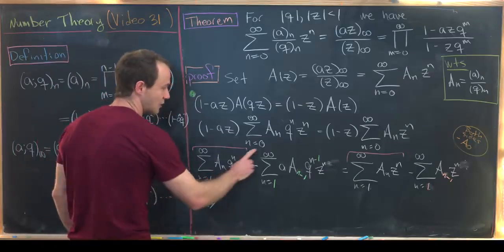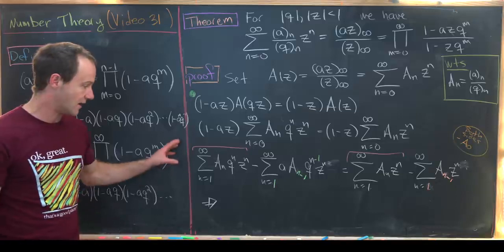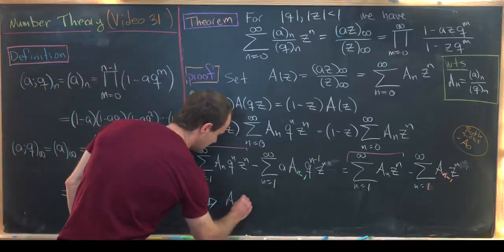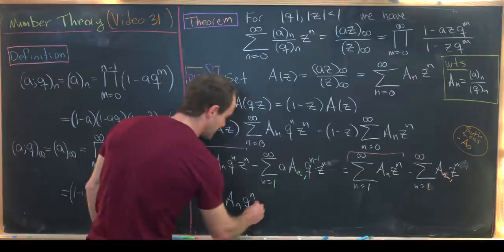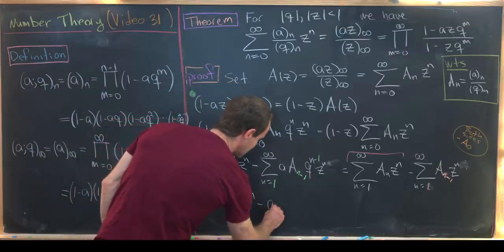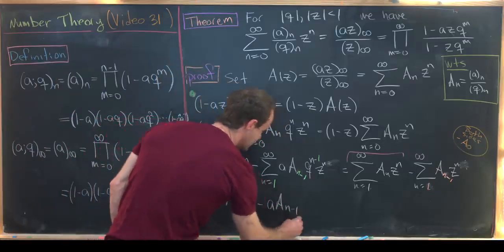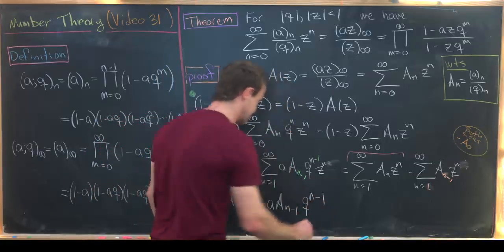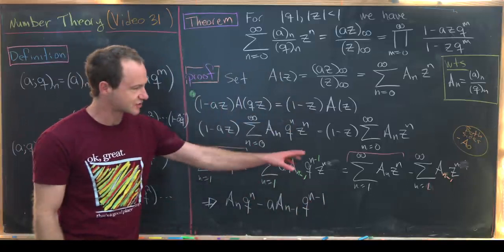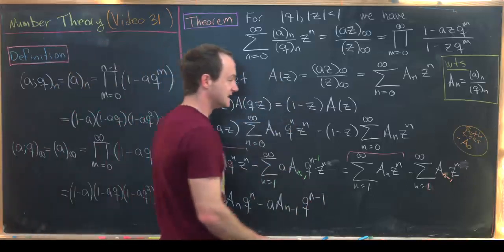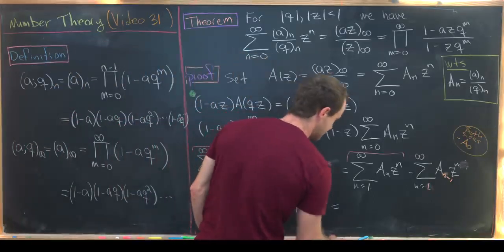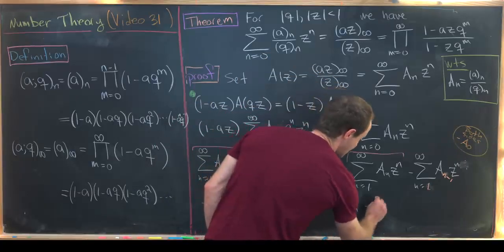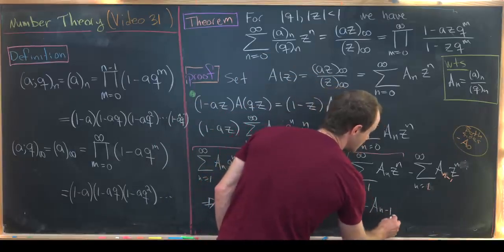So extracting the coefficient of z to the n on the left-hand side of the equation will give us a sub n q to the n, minus little a times a sub n minus 1, q to the n minus 1. Then extracting the coefficient of z to the n on the right-hand side of the equation will give us a sub n minus a sub n minus 1.